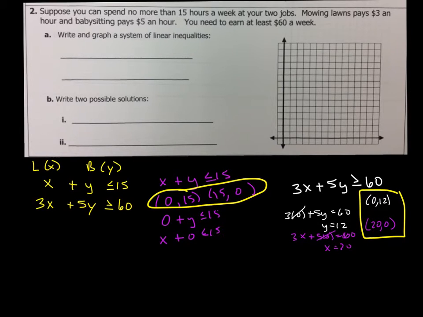Now, remember, your x and y axis have to be labeled, and they have to fit. So I'm going to count by 2s, so that way I know everything fits in here. Now, before I get started, notice I've put the lawns on the x-axis, and I put babysitting up here for the y-axis.